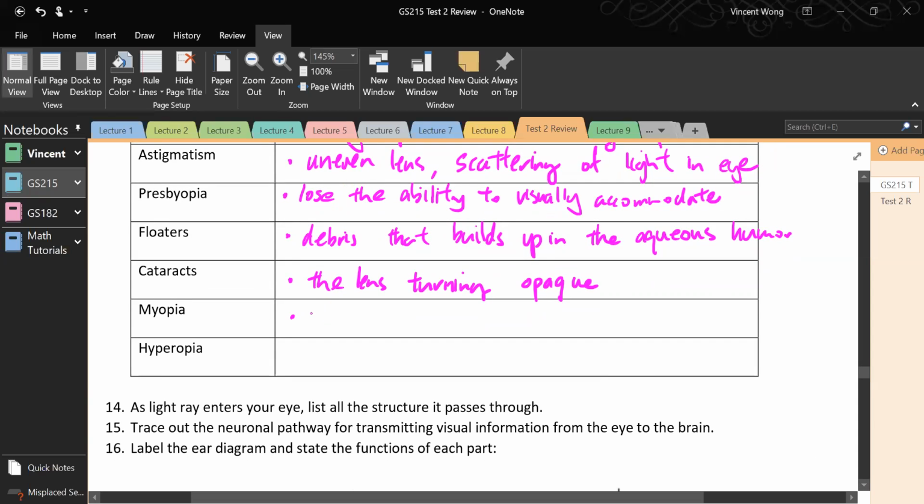Myopia is a fancy word for nearsightedness. Remember, these names tell you what you can see. Okay, so in nearsightedness, you can see close by, but not far away. The opposite of myopia is hyperopia, which is farsightedness.